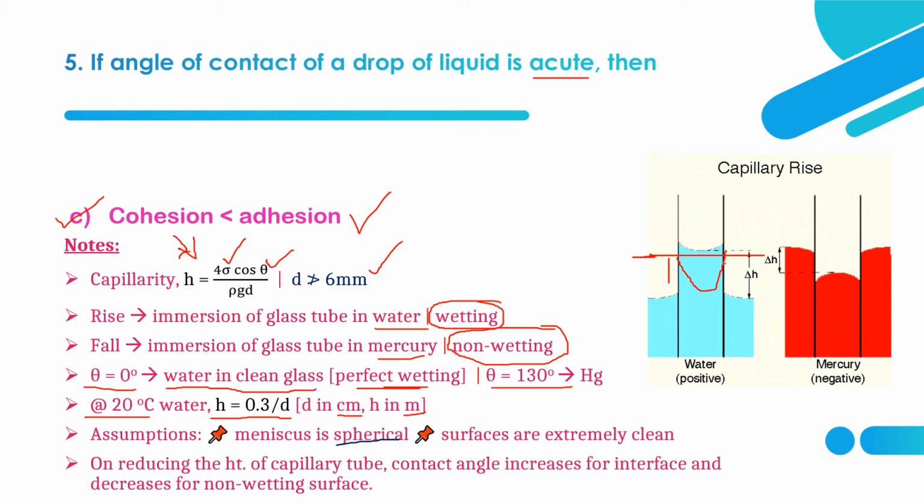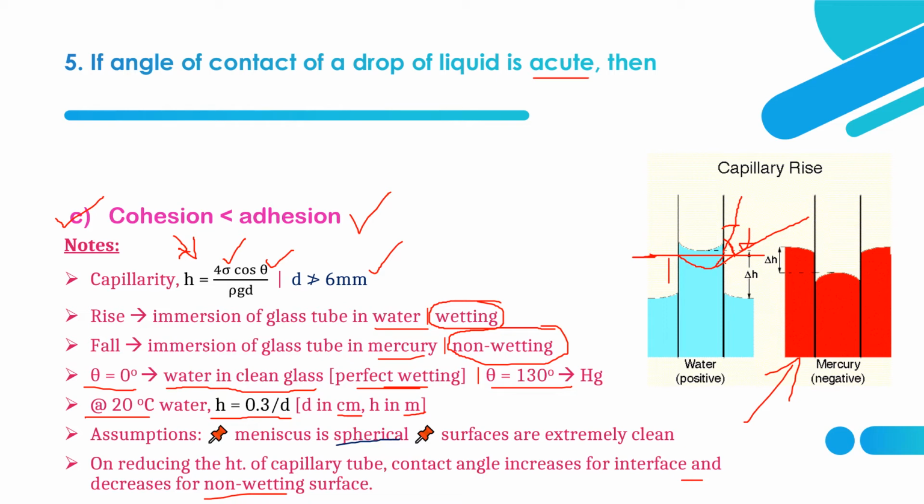Here is one angle, and here is another angle. The contact angle gets highly increased for a wetting surface and decreases for a non-wetting surface. In case of non-wetting, the contact angle decreases. In case of a wetting surface, the contact angle increases when we reduce the height of the capillary tube. So these are some important points regarding capillarity.